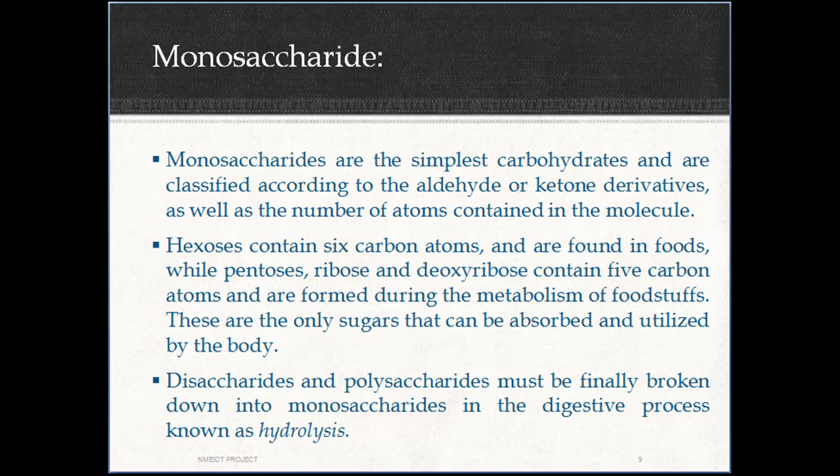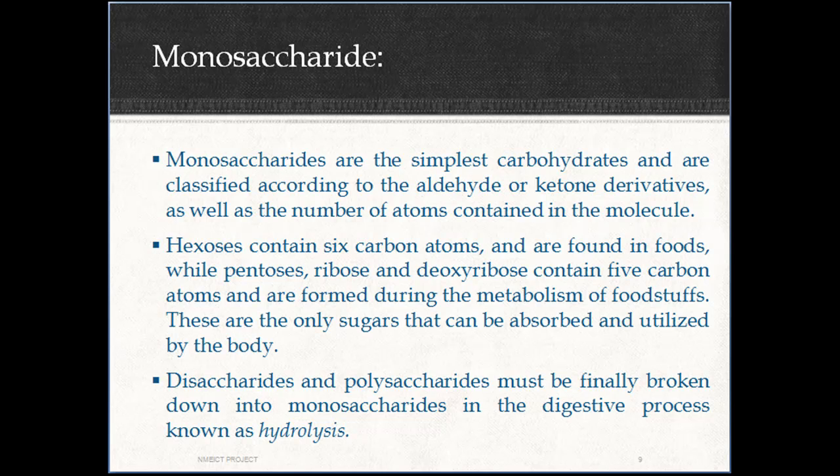Monosaccharides are the simplest carbohydrates and are classified according to the aldehyde or ketone derivatives, as well as the number of carbon atoms contained in the molecule. Hexoses contain 6 carbon atoms and are found in all the foodstuff, while pentoses, such as ribose and deoxyribose, contain 5 carbon atoms and are formed during the metabolism of foodstuff.